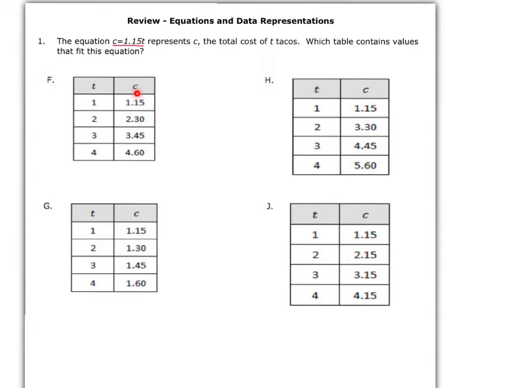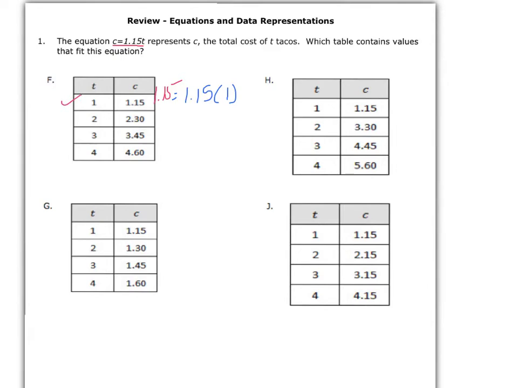I'm just going to start with the F answer choice and start plugging in the values. The first one would be C equals 1.15 times 1, but instead of C, we would replace that with 1.15. So 1.15 times 1 does equal 1.15, so that one looks good.